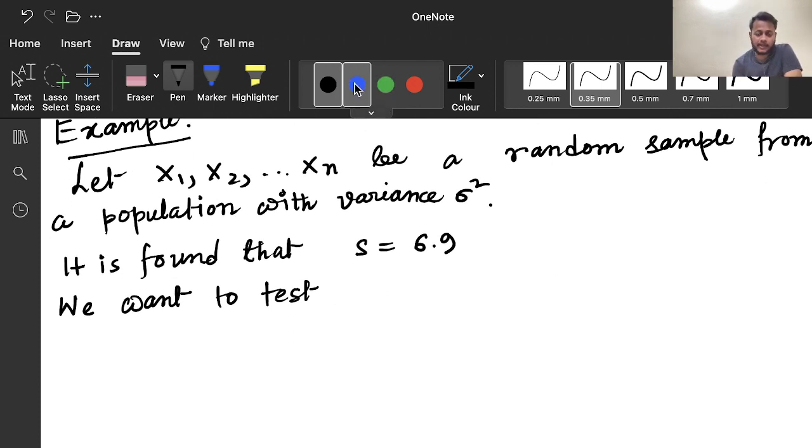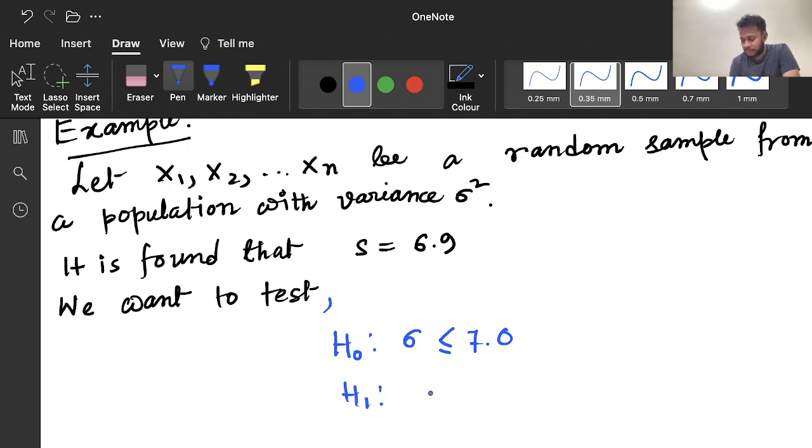You see here my null hypothesis H0 is sigma less than or equal to 7.0 and the alternative hypothesis is sigma greater than 7.